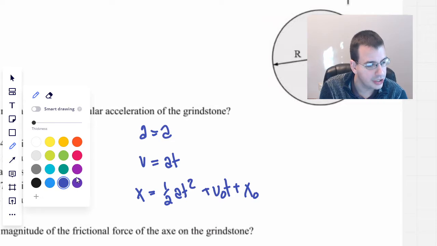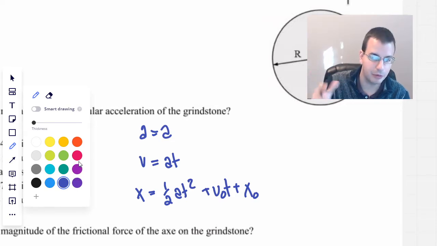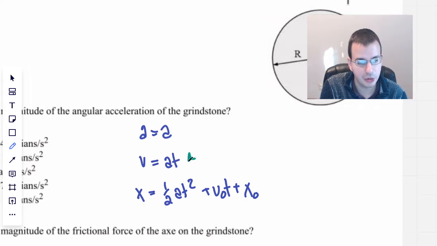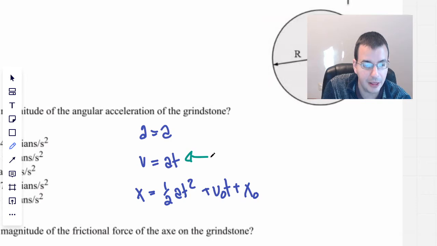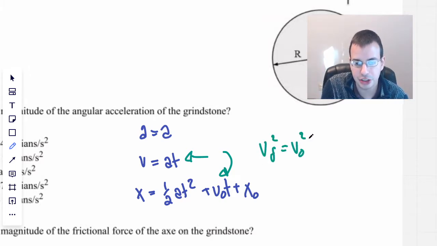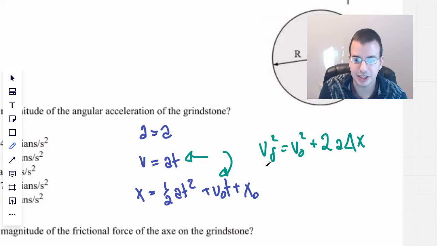Now, there is sort of a fourth equation, more or less. If you solve this equation for t, that's a terrible arrow, tragically bad, and then you plug that t into this equation and rearrange things, you'll get another equation: Vf squared equals V initial squared plus 2a delta x, where delta x is x final minus x naught.